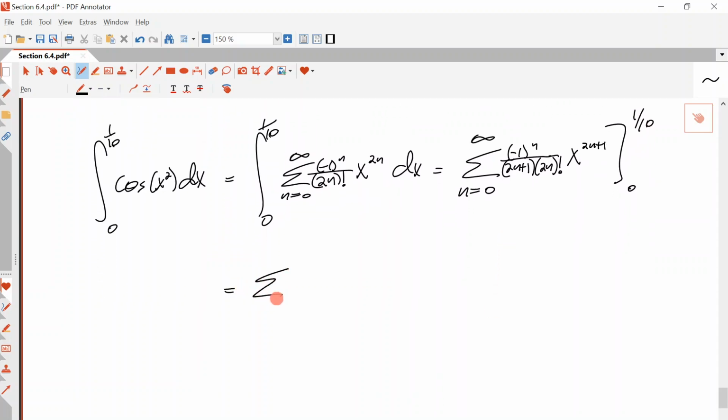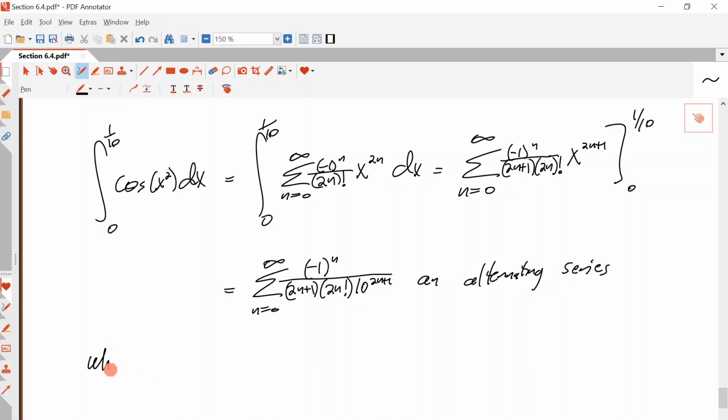So this is equal to the sum n equals 0 to infinity of (-1)^n over (2n+1)(2n)!, 10 to the 2n plus 1, minus 0, right? And this is an alternating series, which we know how to estimate.